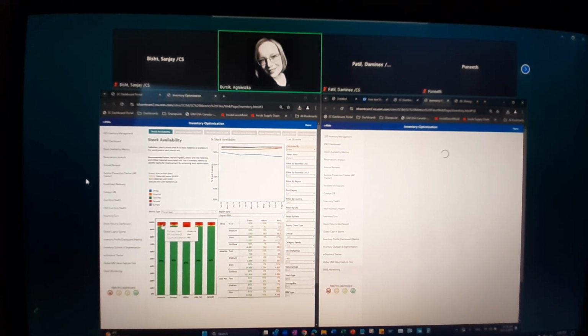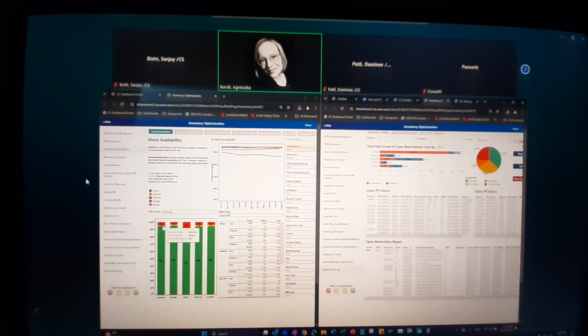So actually, nothing to take. The yellow ones can have some stock on hand, but they are below set minimum for that material master.